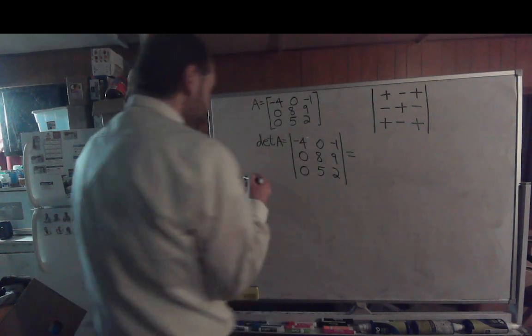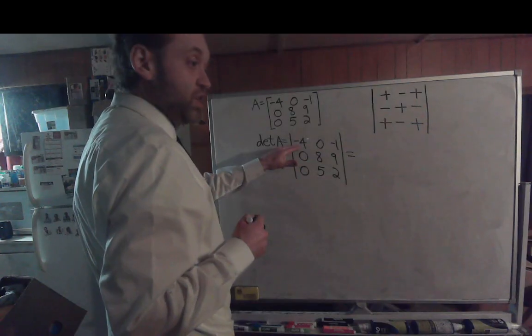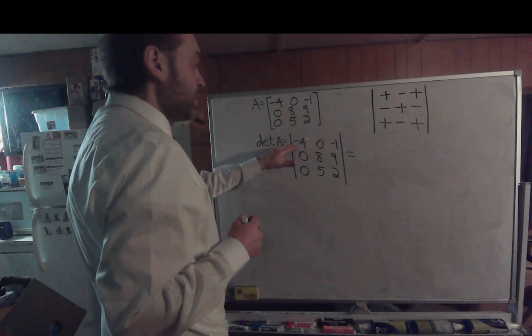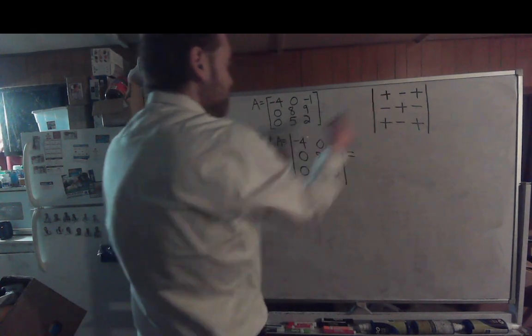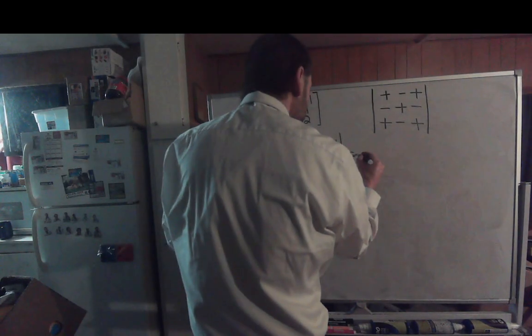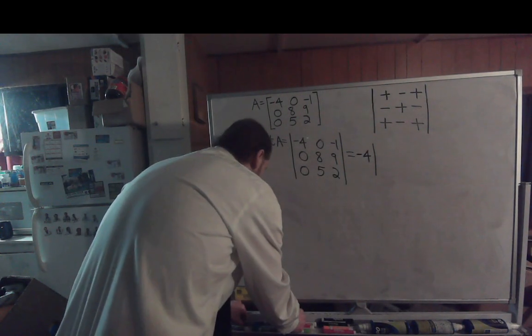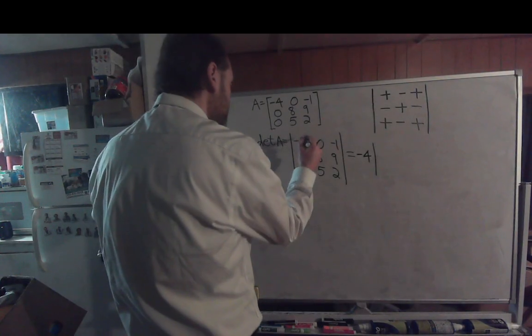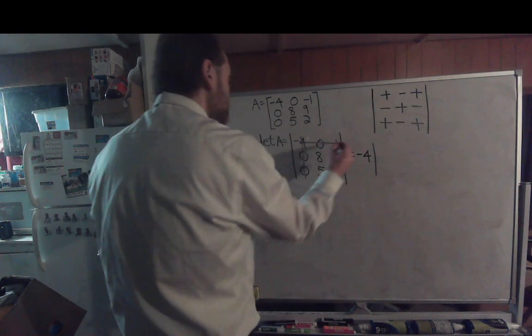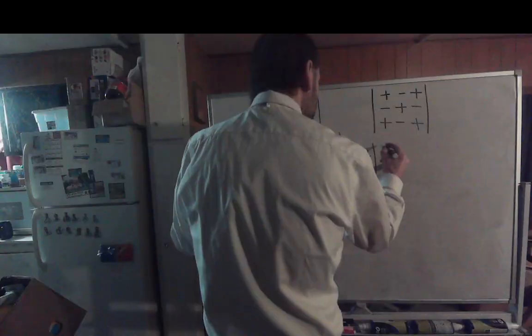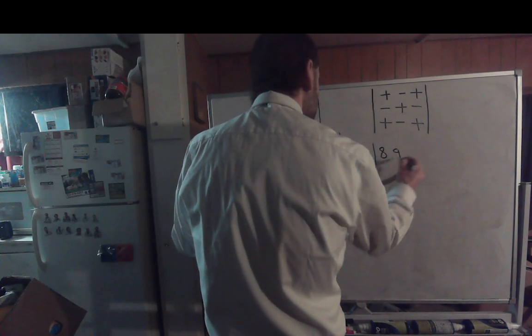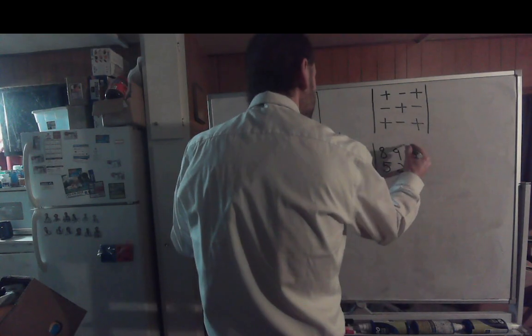So we have a -4 for the coefficient in column 1. According to our coefficient matrix, that's positive. So positive -4 is still -4. Now, you're going to strike out the row and column that it's in, and it's the determinant of whatever's left over. So that'll be the 2x2 determinant of 8, 9, 5, and 2. All right, so let's evaluate that.